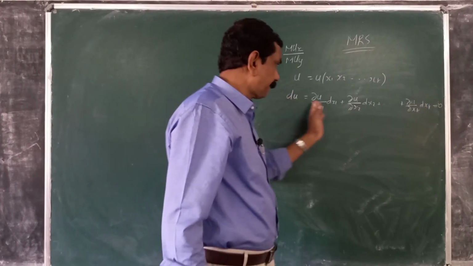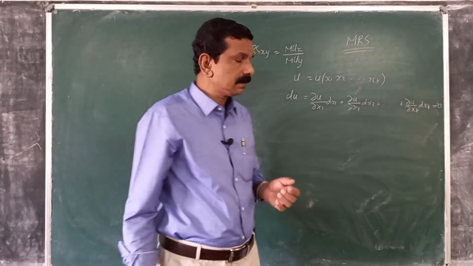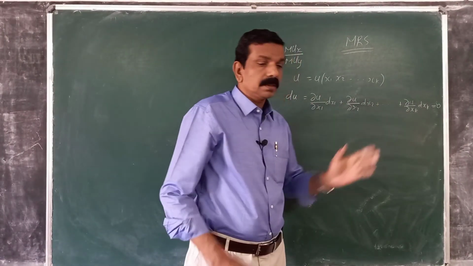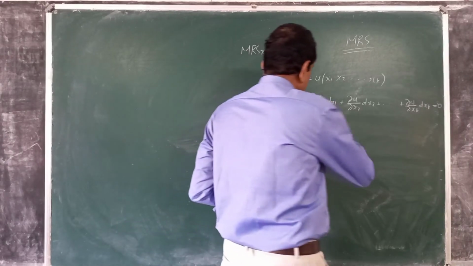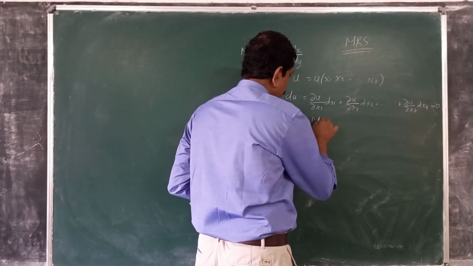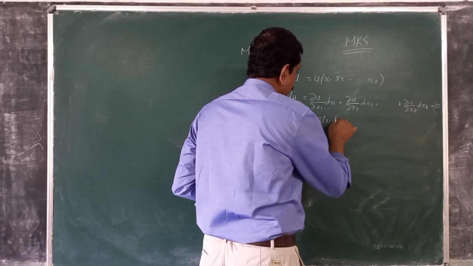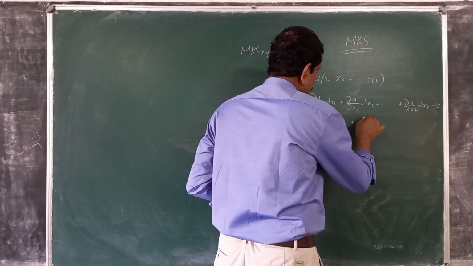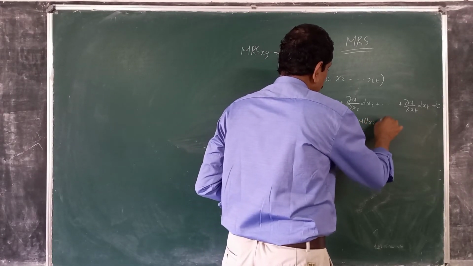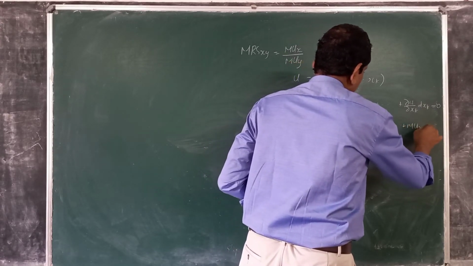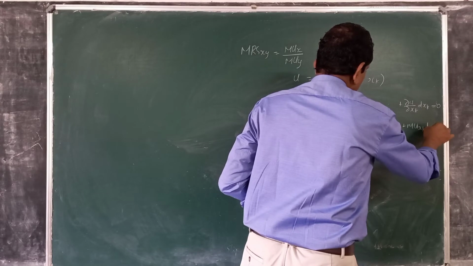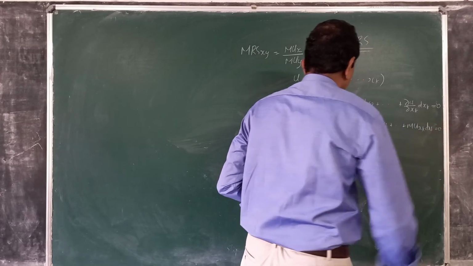Along an indifference curve, change in utility is 0. And since ∂u/∂x1 is MU of x1, MU of x1 into dx1 plus MU of x2 into dx2 plus MU of xk into dxk is equal to 0.